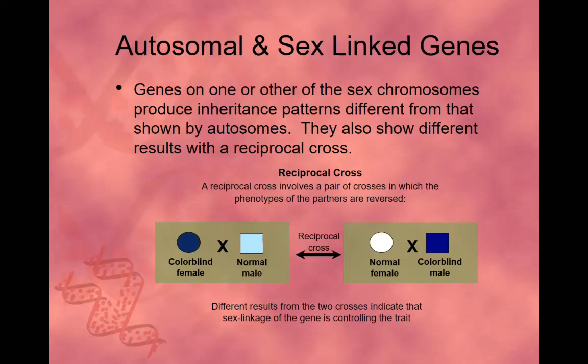If the results of these two crosses are the same, the trait is autosomal. If they are different, then it's not set up that way. So it's not going to be autosomal, and it's going to end up being sex-linked instead.